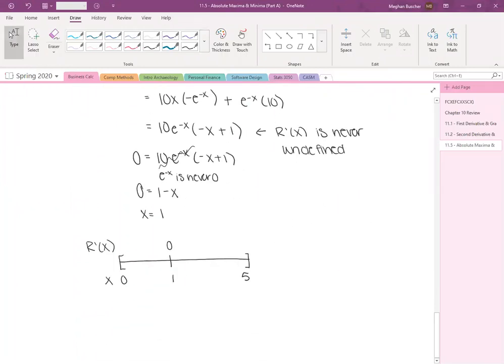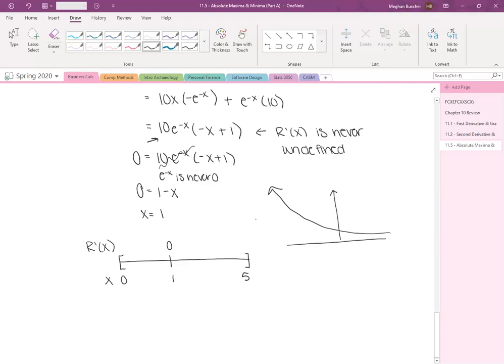Okay, so now let's look at our factored form right here. e to the negative x, I'm just gonna sketch that out for you guys really quick. That looks something like this. It doesn't really matter exactly what it looks like, but the main point is it never crosses the x-axis.